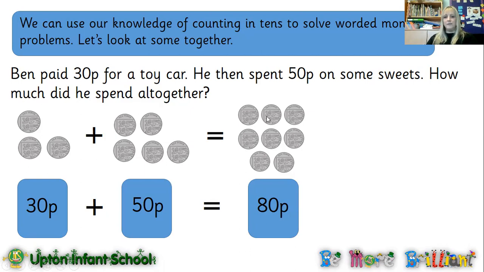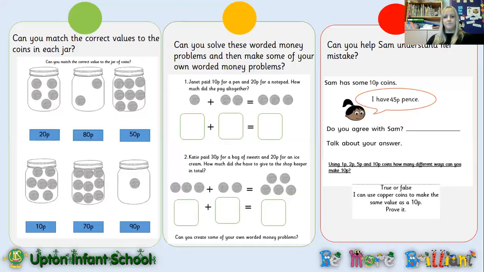If you've got some coins or you want to make your own coins, then you could have a go at doing this, and you could count out 30, count out 50, push them all together, line them up, and then count in tens to see how many you have in total.